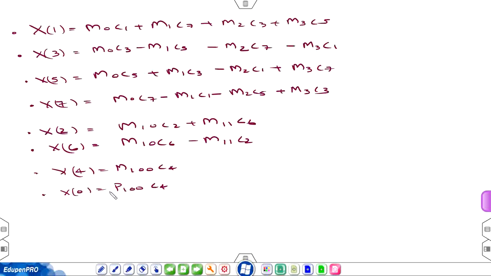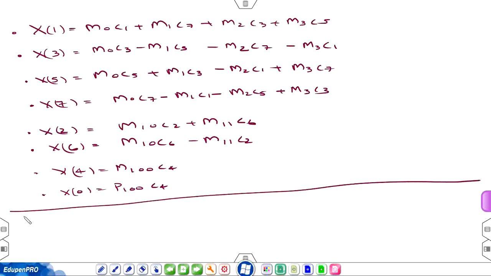Okay, so these equations are rewritten in some different form. Okay, so using these equations now we can derive an architecture.